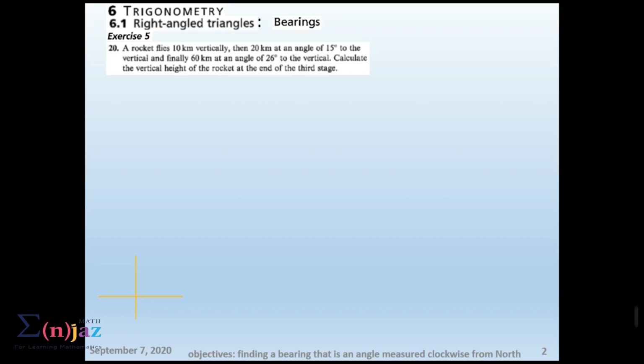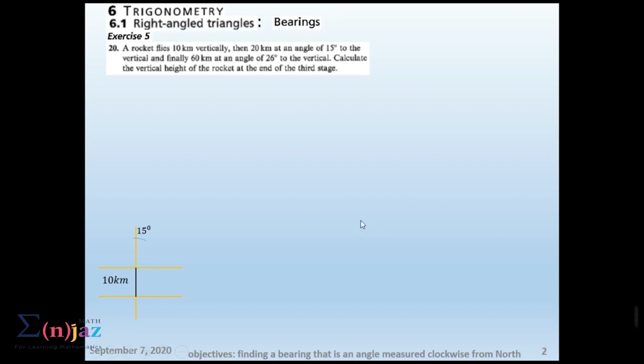So if it's going vertically, we are starting from the original point and we're going up north. So this is my 10 kilometer. Then 20 kilometer at angle of 15. So my bearing is 15. So this is my 15 degrees. As you can see, it's measured from the north.